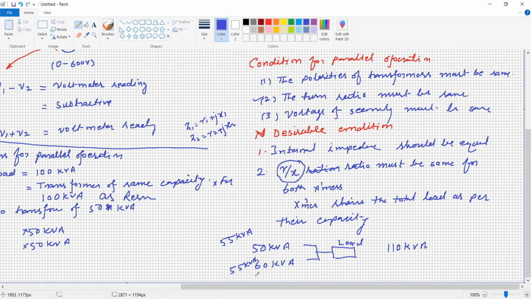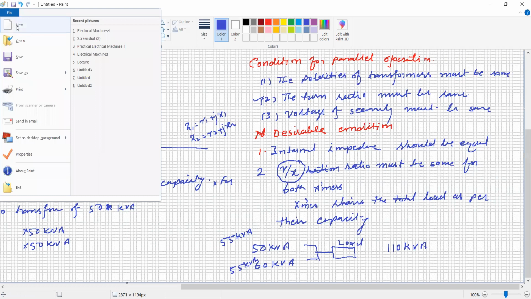There is no problem for the 60 kVA, but the 50 kVA transformer supplying 55 kVA is in an overload condition. It may burn out or the life of the transformer gets reduced. So these are the necessary and desirable conditions for parallel operation of two transformers.